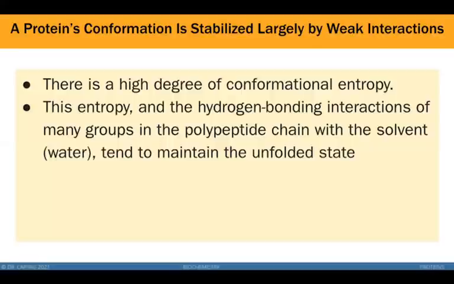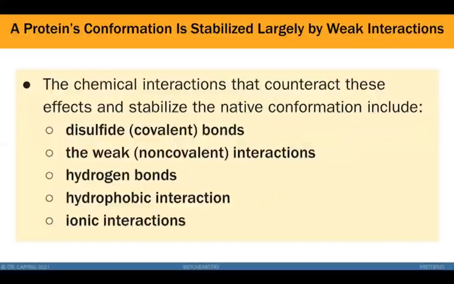If there is an unfolded state, therefore there will be no function of proteins. So in order to counteract this, there should be chemical interactions to stabilize that native conformation. We have the following chemical interactions: disulfide bonds, which are covalent, and the non-covalent interactions: hydrogen bonding, hydrophobic interaction, and ionic interaction, to counteract this entropy.